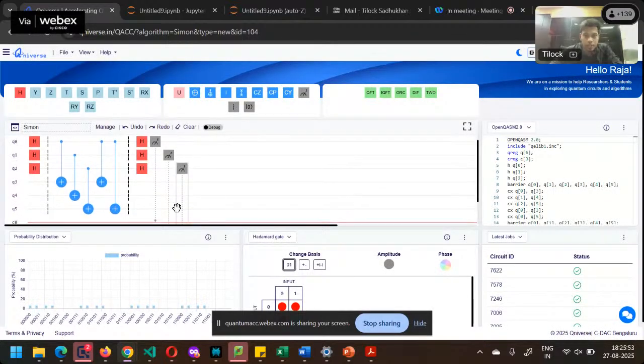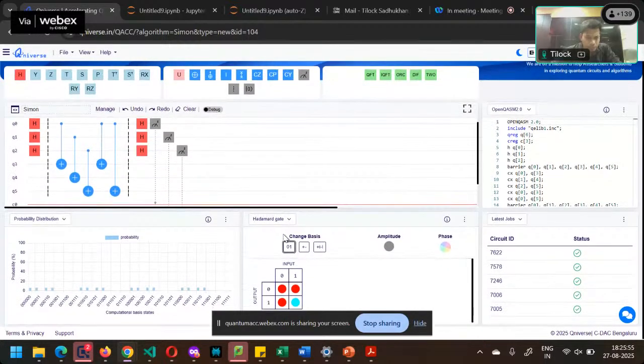If we actually see these four sets of states we are getting, among that only one will be surviving. So if we apply the set of measurement gates on the first register, sorry, the second register, it does not really matter.